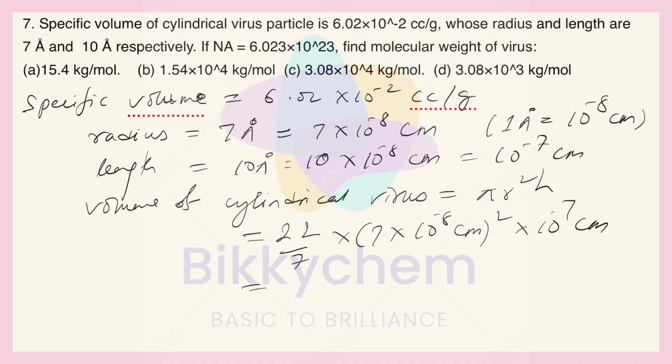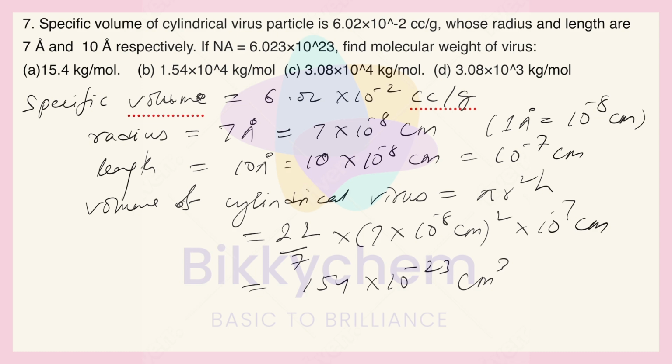If we solve all this, we get 154 × 10^-23 centimeter cube, because centimeter squared times centimeter gives centimeter cube. So we got the volume of the cylindrical virus.